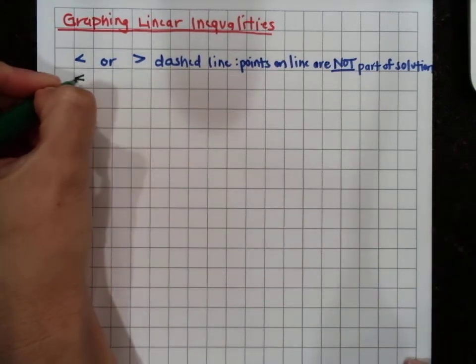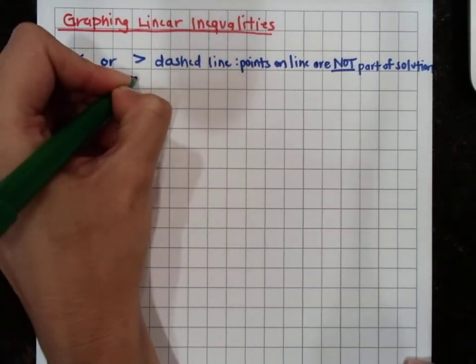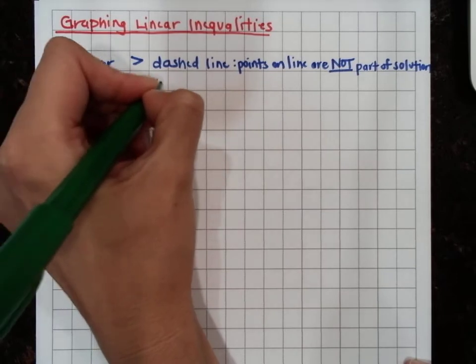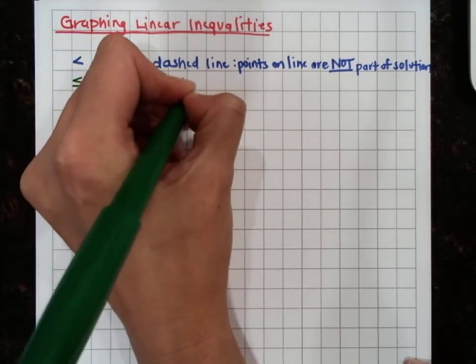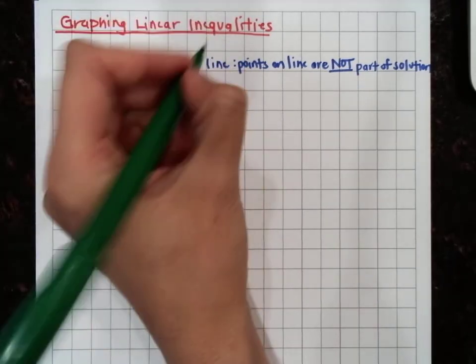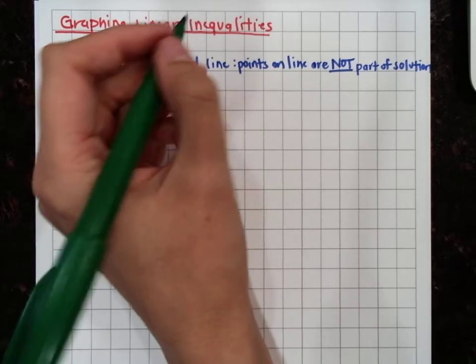If it's less than or equal to or greater than or equal to, we do a solid line. And that's to show that points on the line are part of the solution.